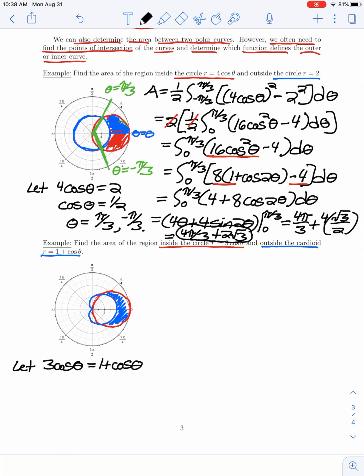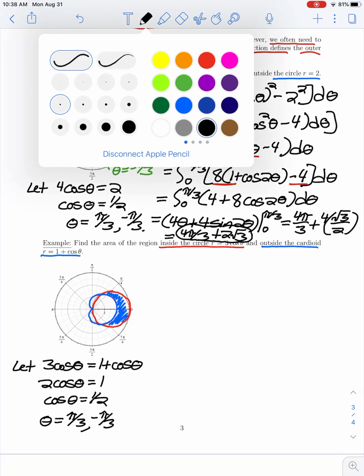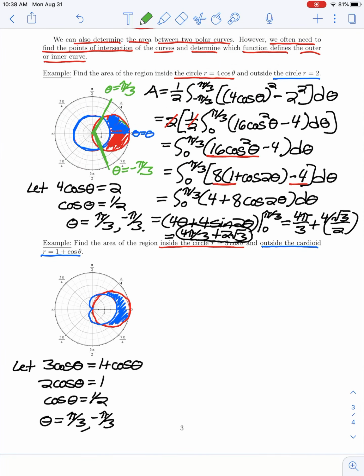So moving all of the cosine theta terms to the left-hand side, we have 2 cosine of theta is 1. So cosine theta is 1/2. And again, we see that theta would be equal to positive pi over 3 or negative pi over 3. Same theta values that we had in the previous example.